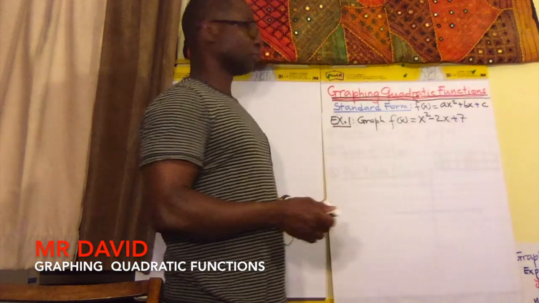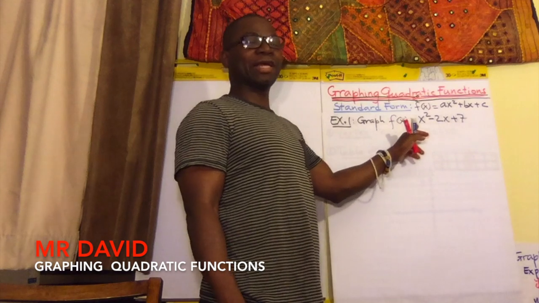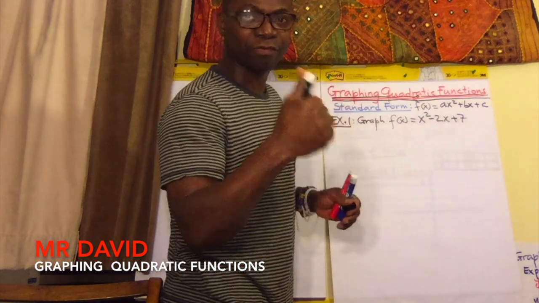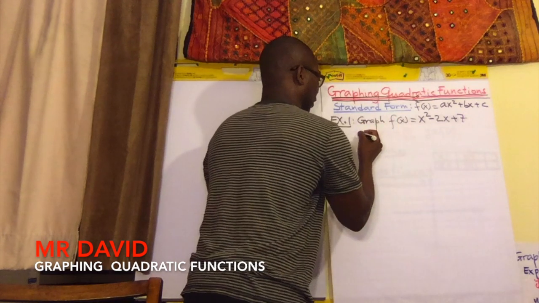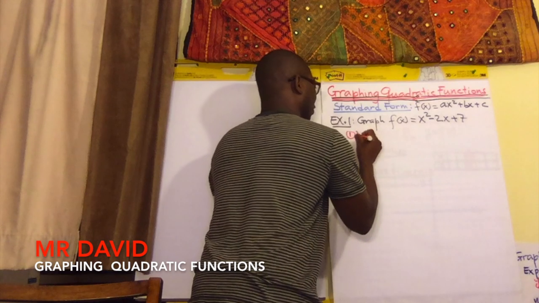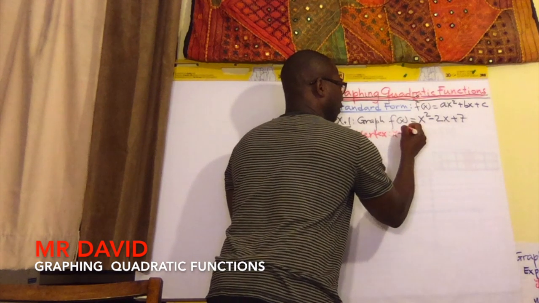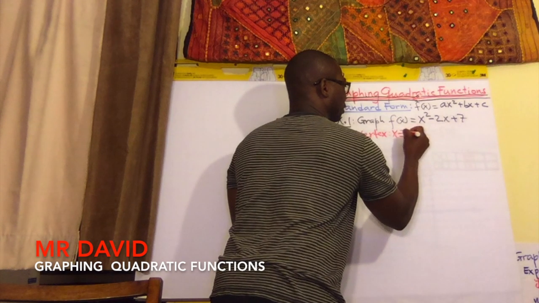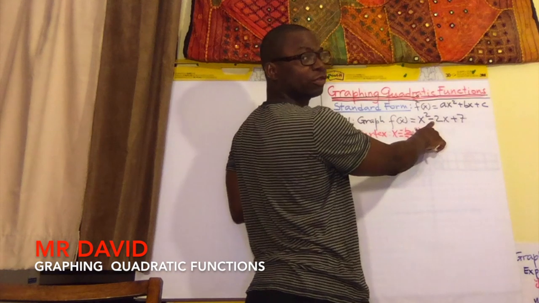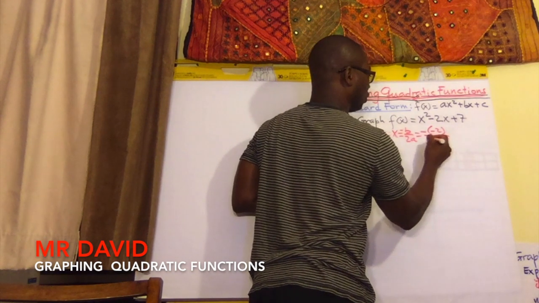Okay, so example 1. Let's graph this function f of x equals x squared minus 2x plus 7. Quickly, first step, find the vertex. I'm going to use a red one. We know the formula is negative b over 2a. b is negative 2, so negative 2 over 2 times a.